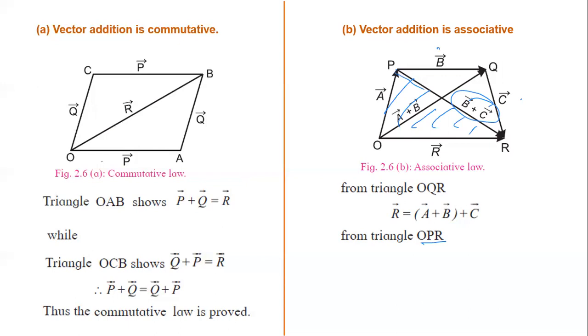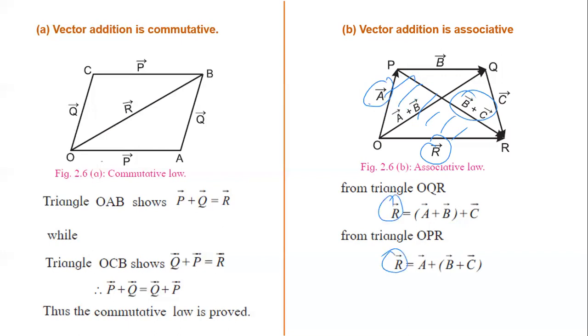So by this triangle we can write R bar is equal to A bar plus B bar plus C bar in a bracket. Now this is R bar and that is R bar, so I can write this and this the same.